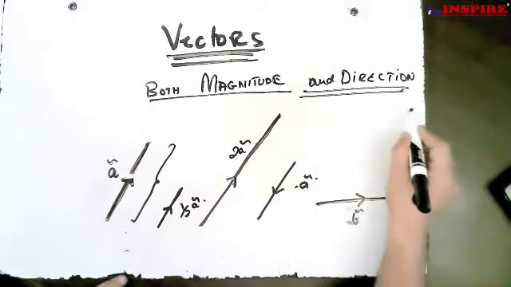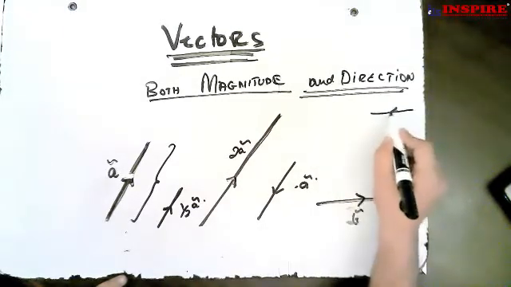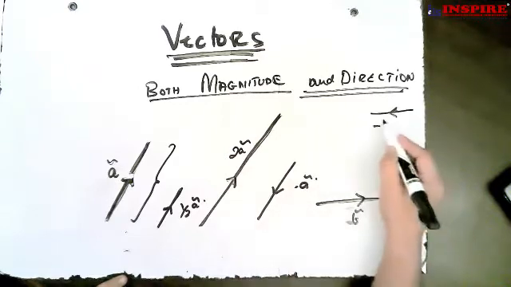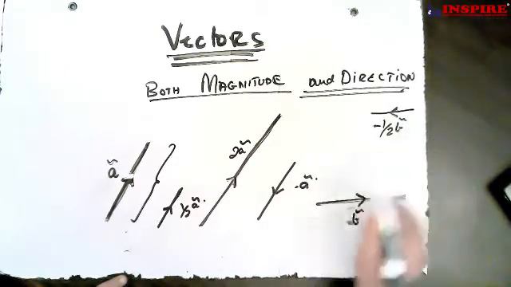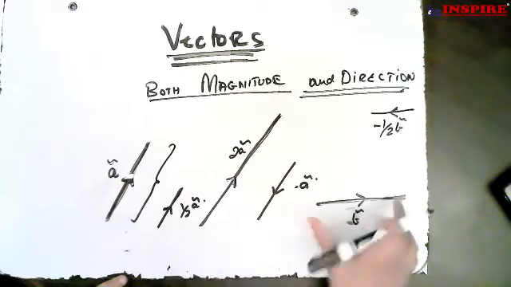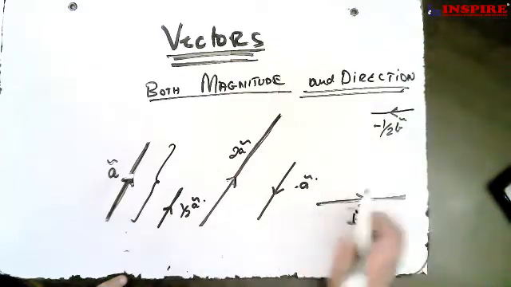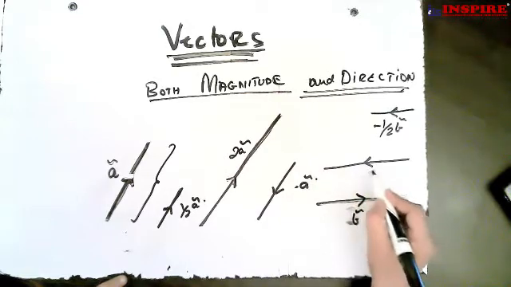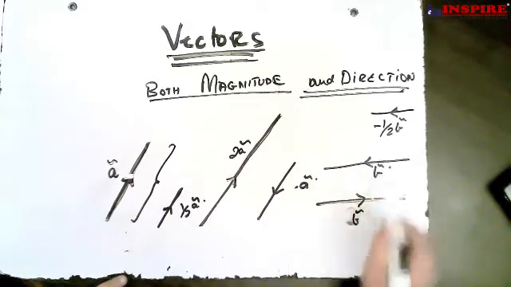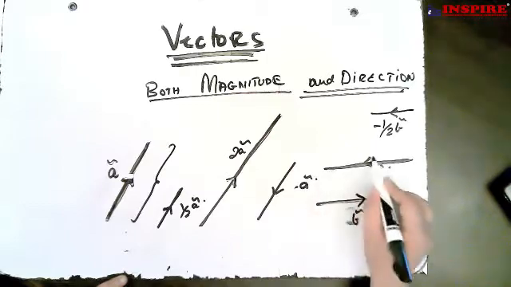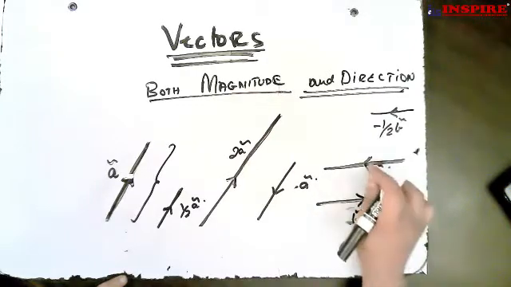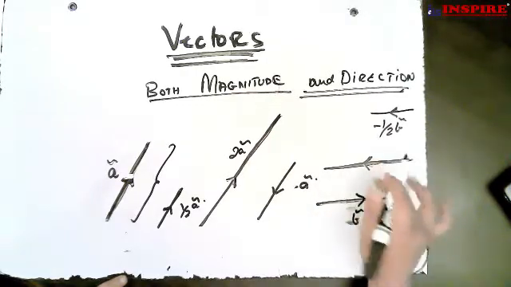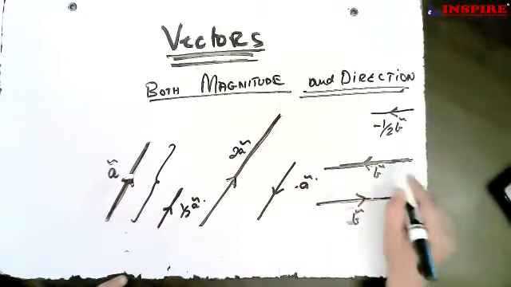And that's minus half B. Half the size, approximately. No assumption. I'm showing it physically, you can measure it. Negative.